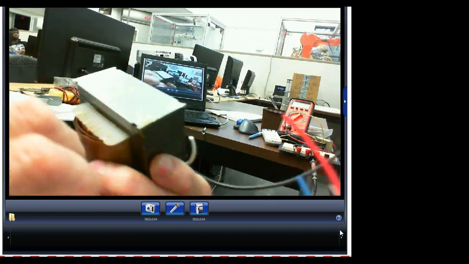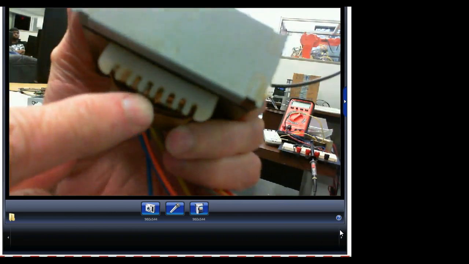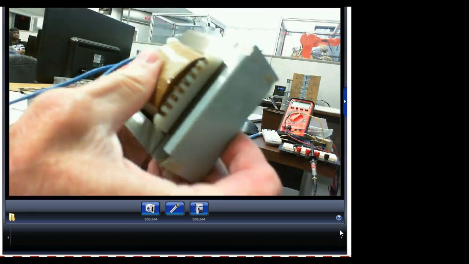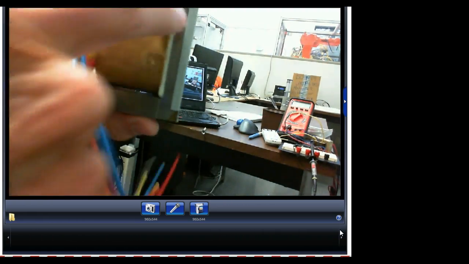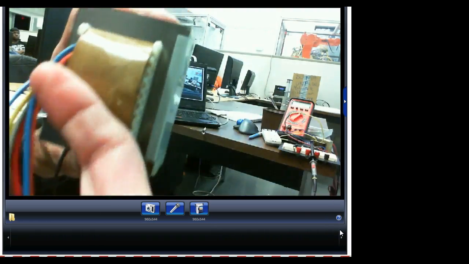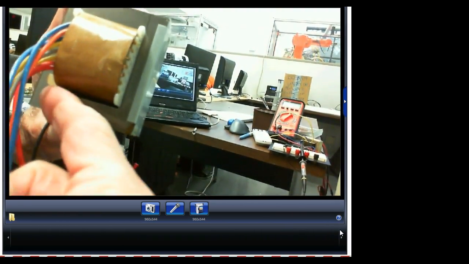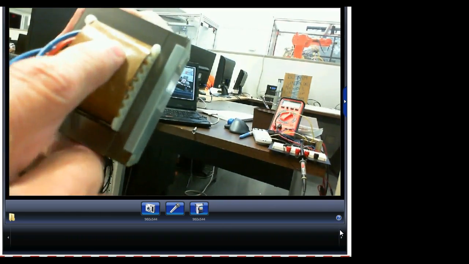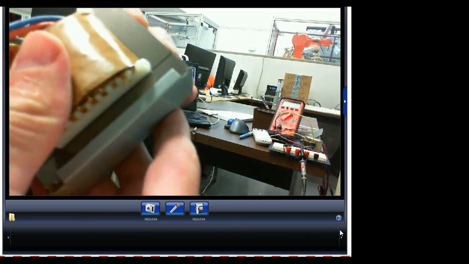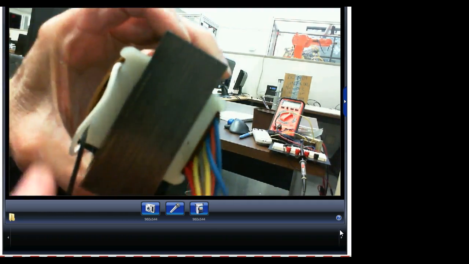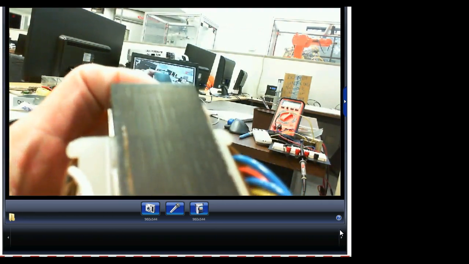And you can look in and you can see the windings. This is what we call an E-core, because it's got another chunk of metal that comes through here, so it's basically got the shape of an E, right? See that? Both your primary and secondary are wound on top of each other, but the core has to be what we call laminated.